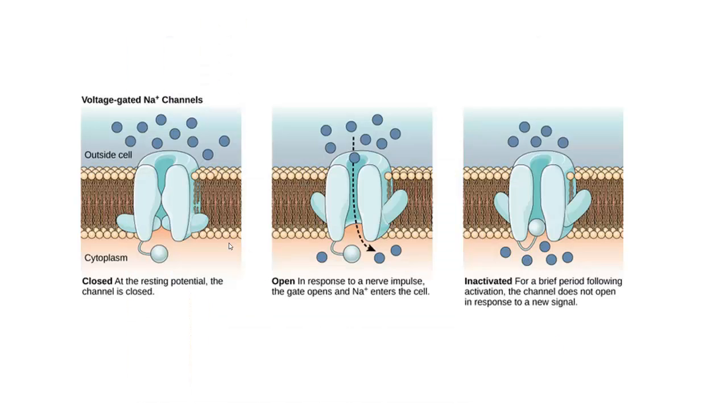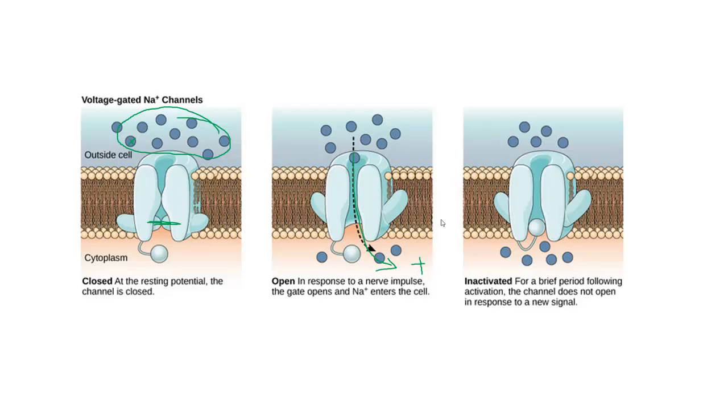So now let's take a look at how these sodium channels work. When the sodium channel is closed, here the sodium channel is closed. If you see the gate is closed, the sodium ions, which are these blue dots, remain outside. When the sodium channel opens up, the blue dots, which are the sodium ions, come inside.